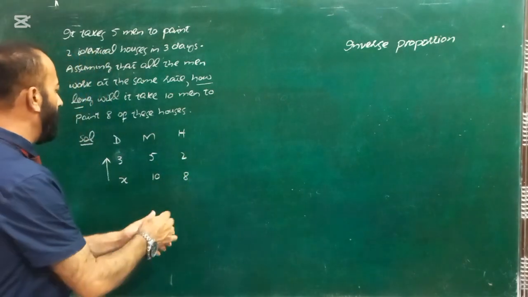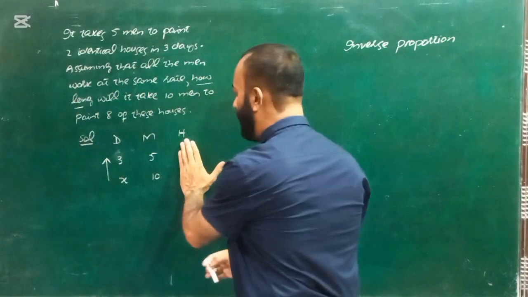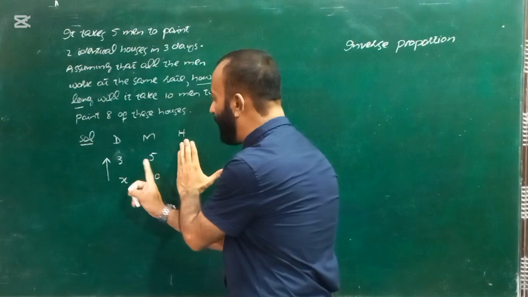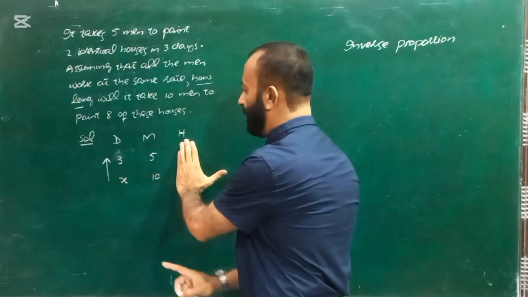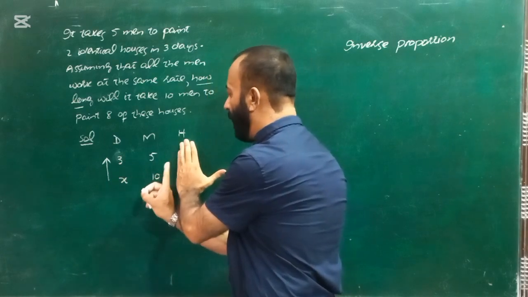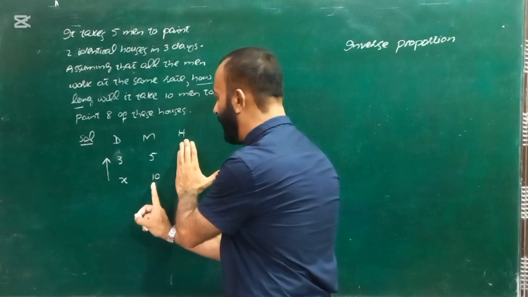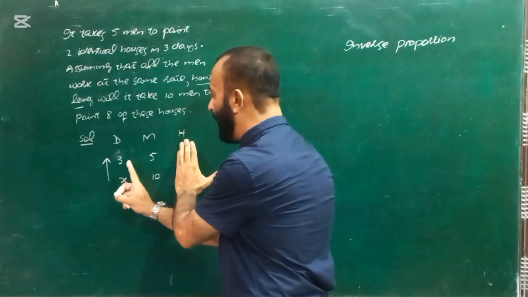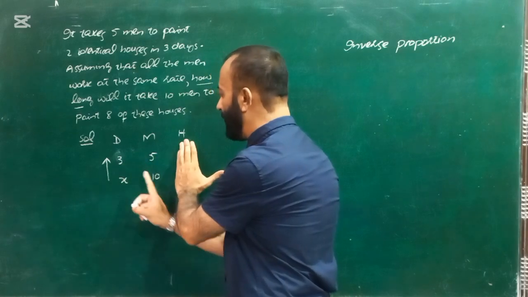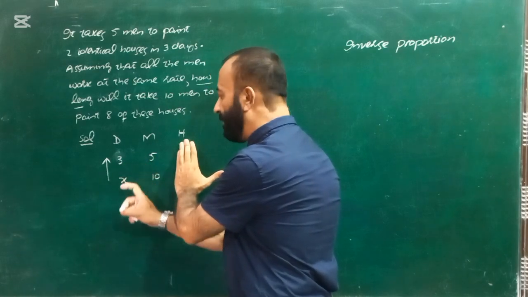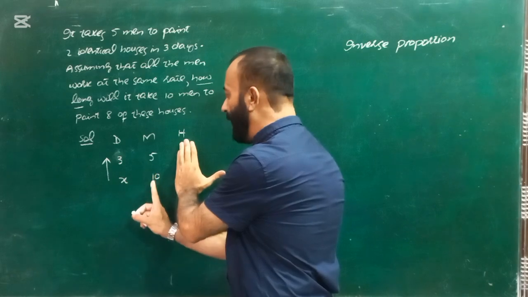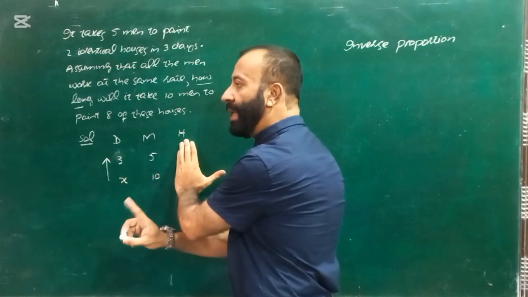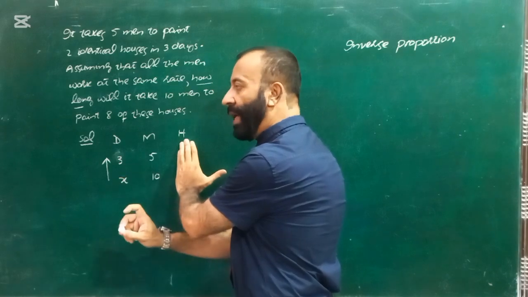So look now, we will think like this: to paint some houses, 5 men require 3 days. And to paint the same number of houses, if there are 10 men, how many days will be required? If 5 men are painting some houses in 3 days, 10 men will definitely paint in fewer days. So one quantity is increasing, the other is decreasing. If one quantity increases and the other decreases, a downward arrow will be there.